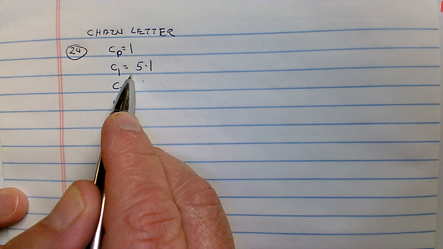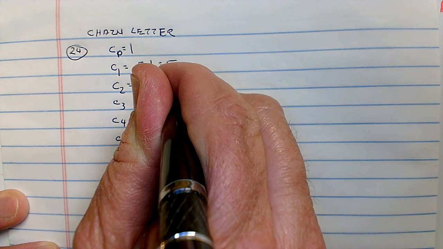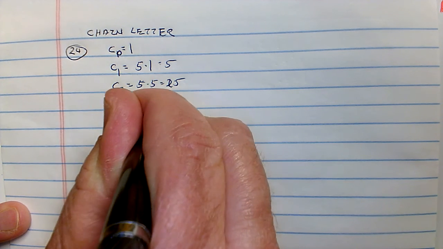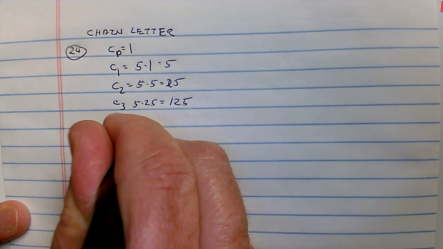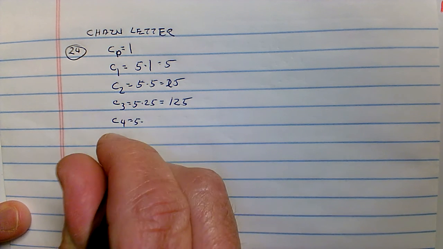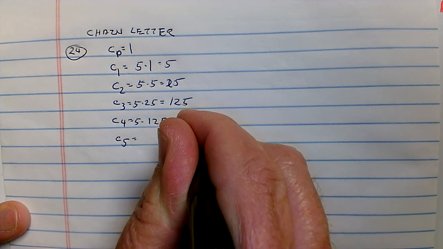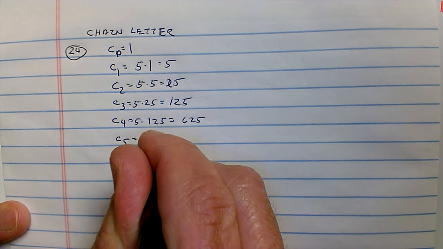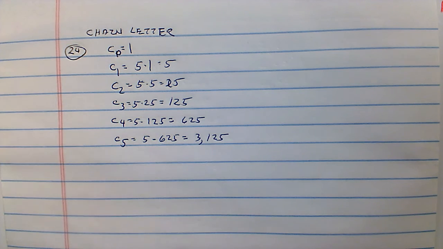what will happen is for the second chain, you're going to end up sending out 5 letters, and then we're going to do 5 times the 5, or that's going to be 25 letters, and then it's going to be 5 times the 25 for 125 letters, and then 5 times the 125 for 625 letters, and then 5 times the 625 for 3,125 letters.